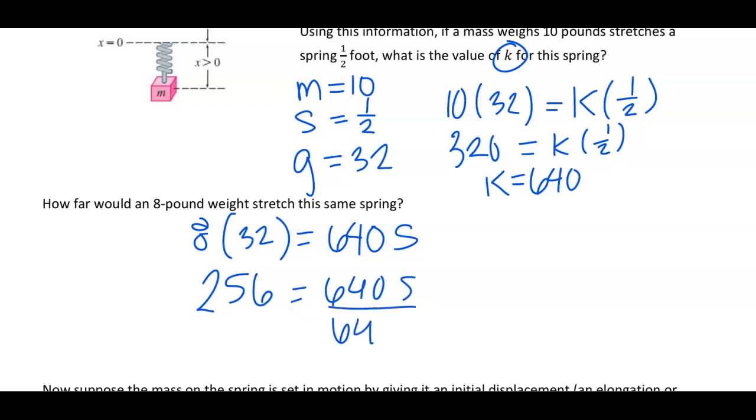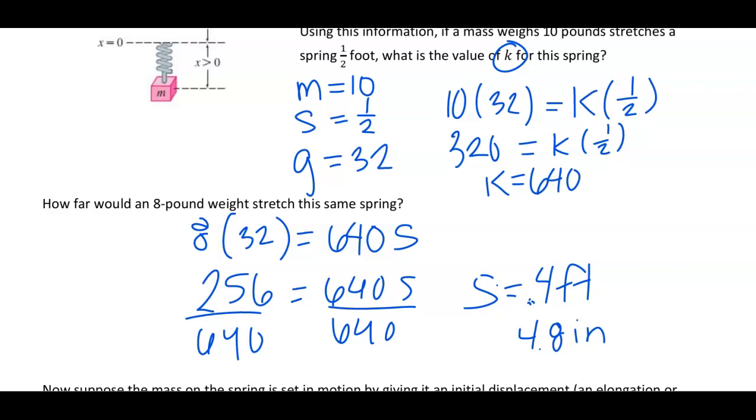I'm going to divide by 640, and I get 0.4. Now remember that's in feet. We don't worry about having units with our spring constant, but S is going to be in feet. And if I wanted to then multiply that by 12, I could figure out the inches, 4.8 inches.